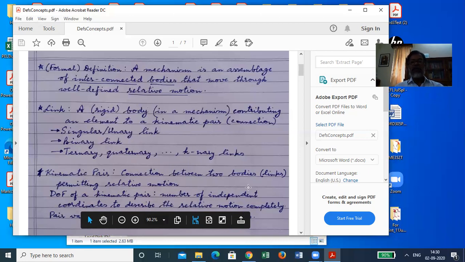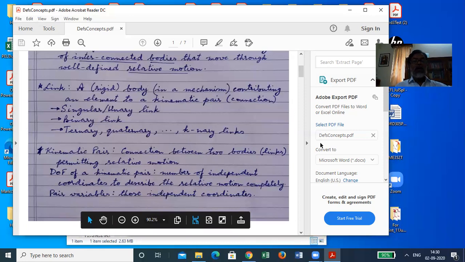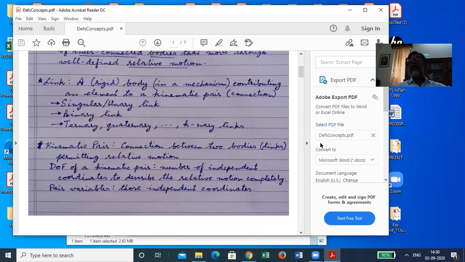Okay. Now, why did they not simply call it a joint? The reason was that when people formalized this subject, by that time the word joint was used for all sorts of things in a very loose sense, and they wanted to make formal definitions very clear and perfect, meaning what they want it to mean and nothing else.